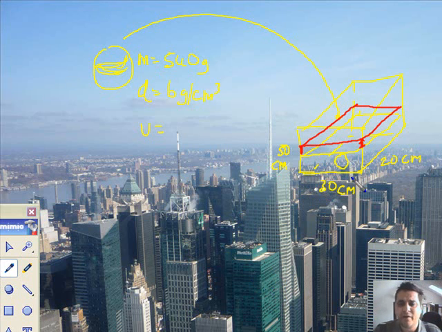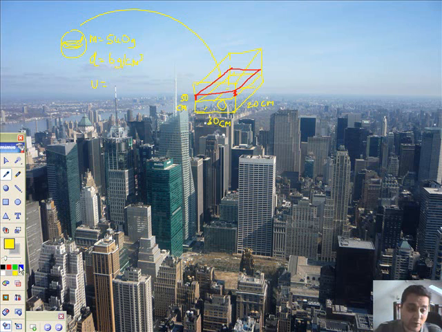Well, if I throw a ball in there, its volume will take up some space, because that's what volume does, and it will cause the water to rise. So I really do need to work out the volume over here. So density equals mass over volume, so that's the original formula.